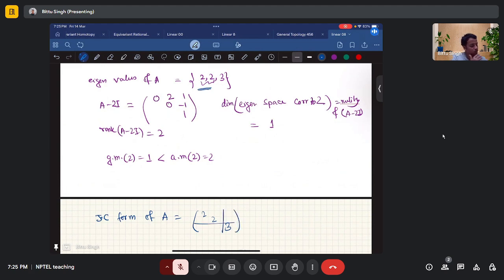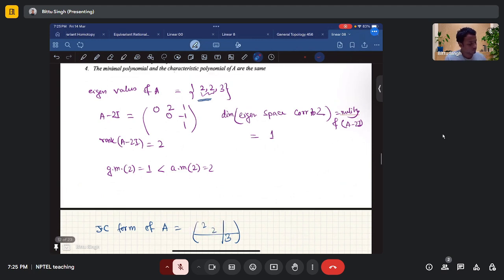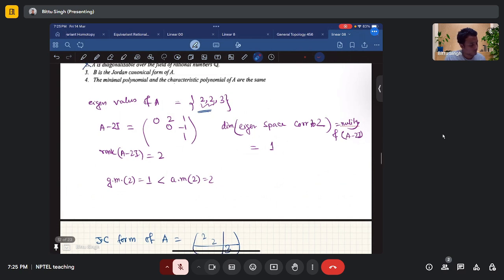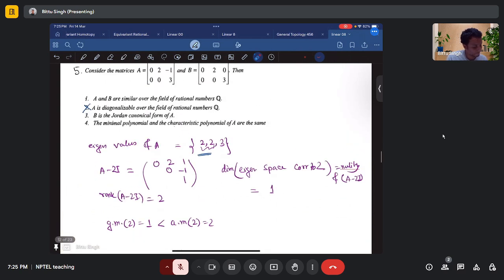So this block is already obtained. It is single, so there is only this scalar block. Now we need to see what the other block will be. Will it be separated into two different blocks, or is it a single block? We can see that from here.